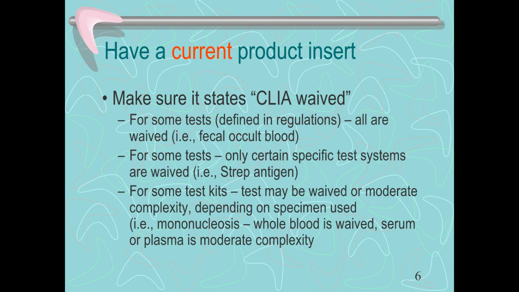It takes a little more work because it is a whole blood waived test, but it only uses part of the blood. Whatever kit or system you've ordered, make sure that when you're looking at the products to order, it says CDC CLIA waived. You want to make sure what you got.